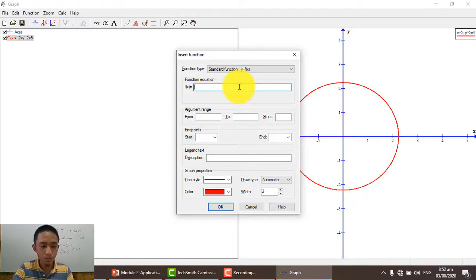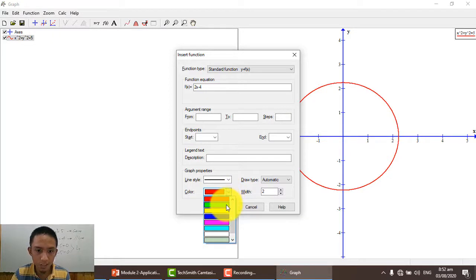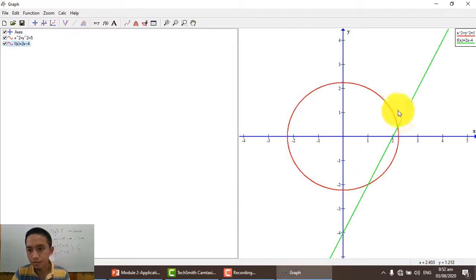So that is the parallel line, which is y equals 2x minus 4. Now let me put a color for that one. Let's say green. Okay, so this is your parallel line.